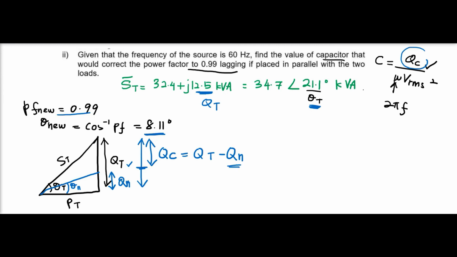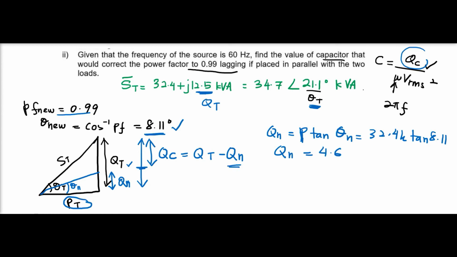How to get Q new? We already calculated theta new, so Q new equals P tangent theta new. P here is constant and unchanged, coming from P total. So it equals 32.4k tangent of 8.11, and Q new equals 4.6 kVAR.